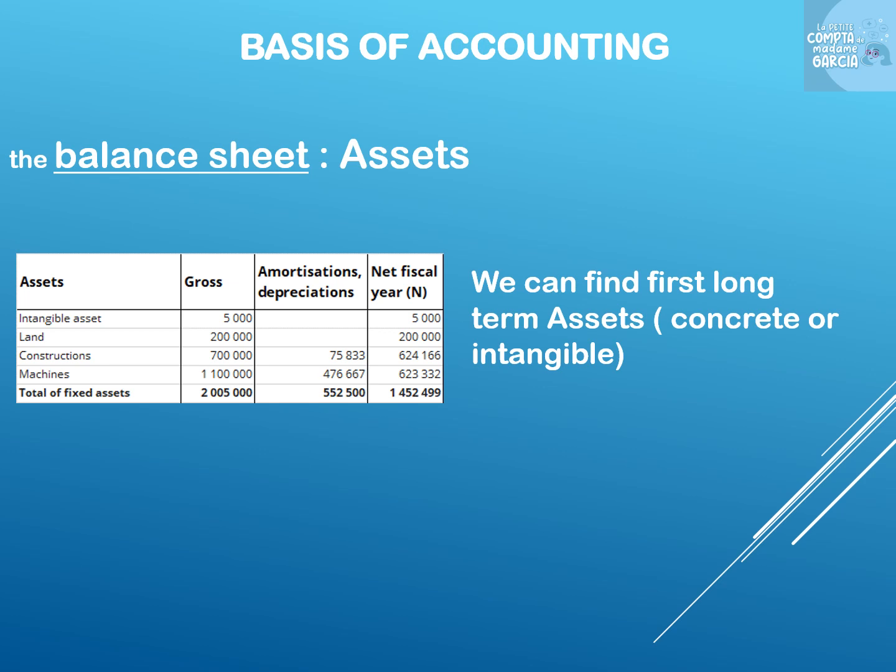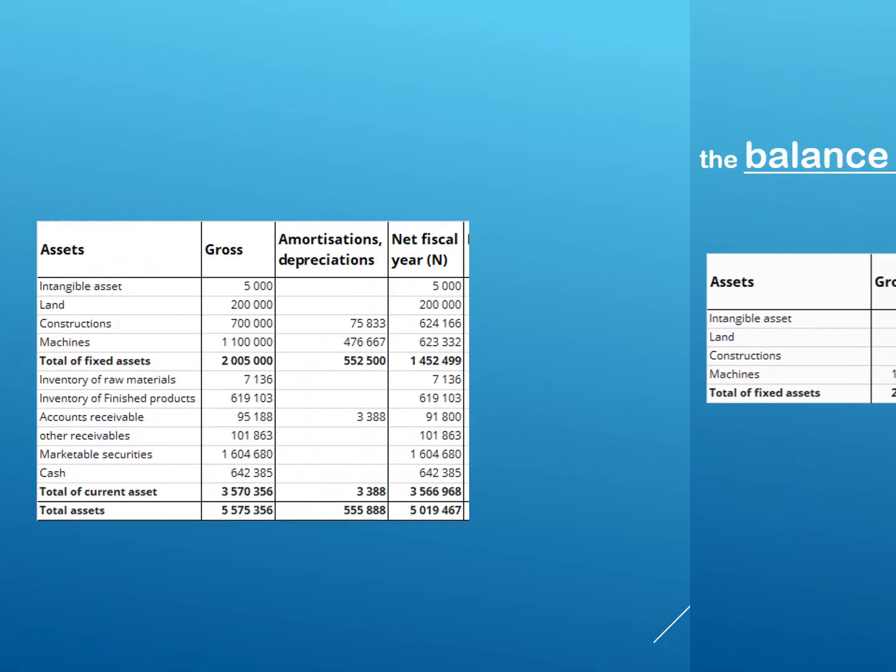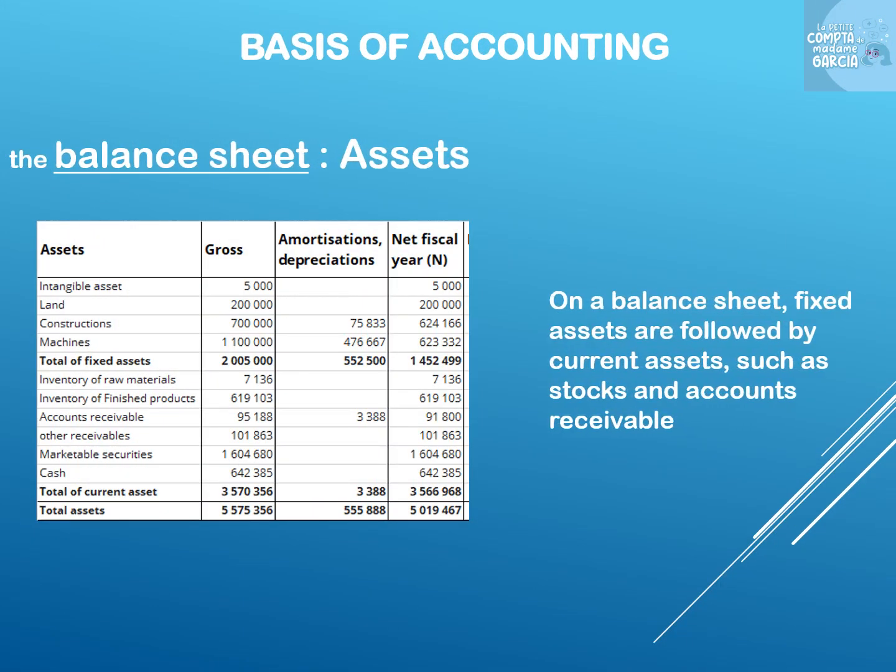We can find first long-term assets, and then, after the fixed assets, you can find current assets such as stocks and accounts receivable.